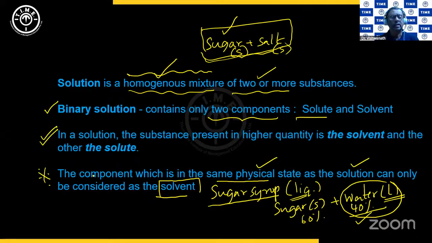And the most important thing is that the solvent's physical state and the solution's physical state must match. I hope this is clear. So shall we move on further? All right, if there are no questions, we'll move on.